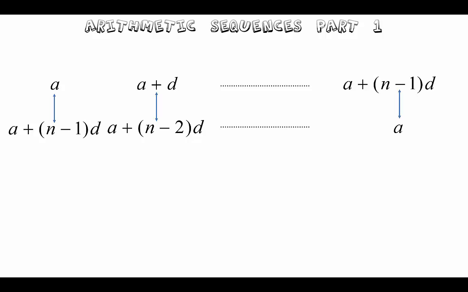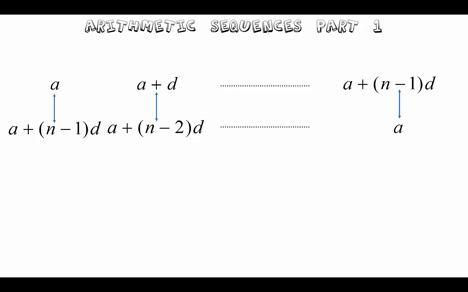We will now obtain a relationship that gives us the sum of a given number of terms of an arithmetic sequence. As you can see, the first row contains our arithmetic sequence. a is the first term, a plus d the second term, and so on, all the way to the nth term, which is a plus n minus 1 d. Underneath that, we can write our sequence of terms in reverse order.